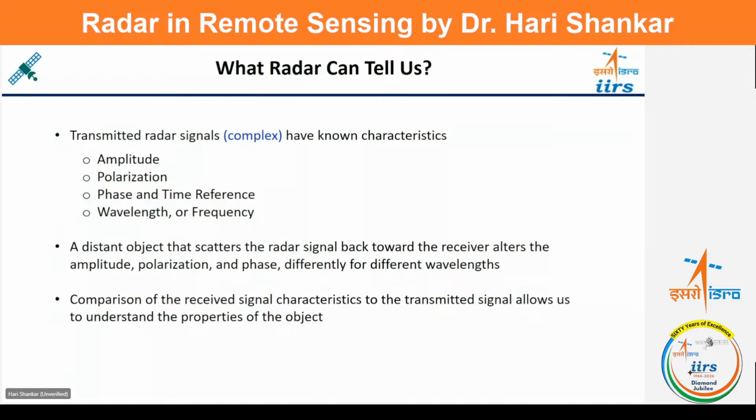that is basically called the calibration part. Using the calibration process, we can understand that this particular process can affect the polarization of the signal by this much amount, or the amplitude, phase, wavelength or frequency by this much amount.